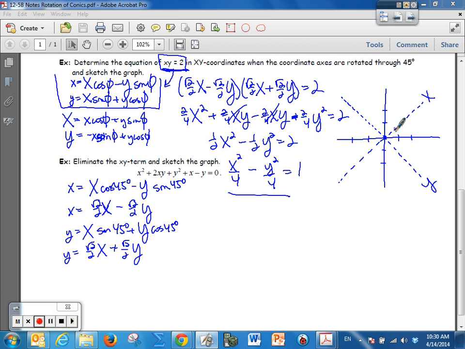You don't have to put the lines on here. It might even be too confusing. You can just put your little marks on your dotted axes. So let's see, we go out 2 spaces each way, and we draw our little box.